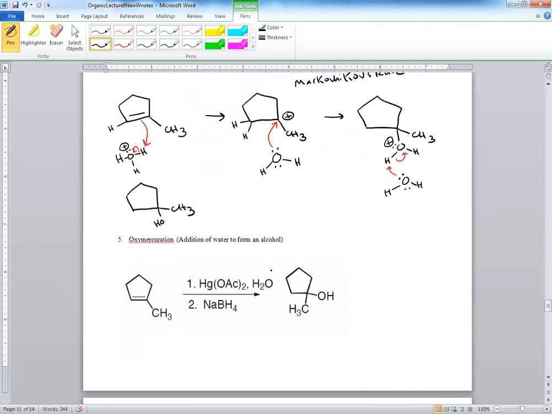Now the next reaction is simply another route to get the same product. This is called oxymercuration. And it's just another route to help you get an alcohol. We're not going to do the mechanism on it, but just make sure you follow Markovnikov's rule as well.